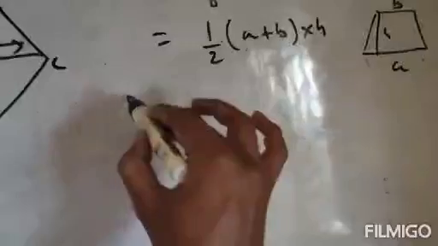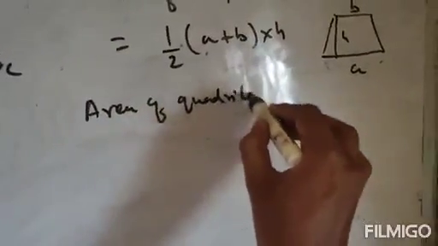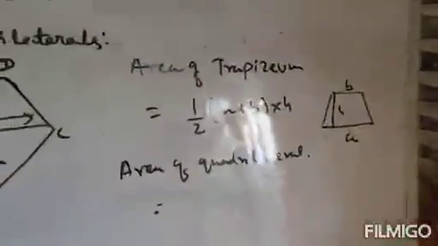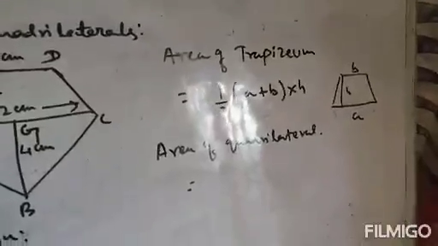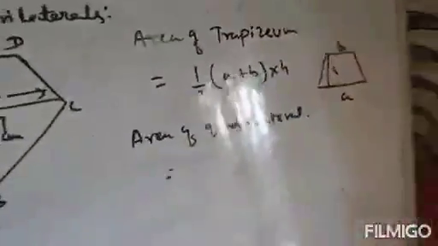Next, area of quadrilateral. Now trapezium is also one type of quadrilateral, because what is a quadrilateral? It is a polygon which is bounded by four sides. So by that definition, a trapezium is also a quadrilateral.